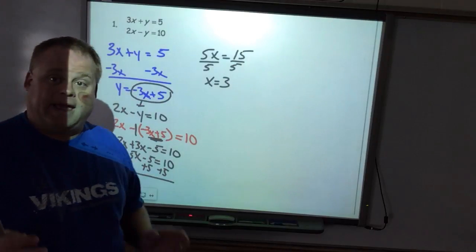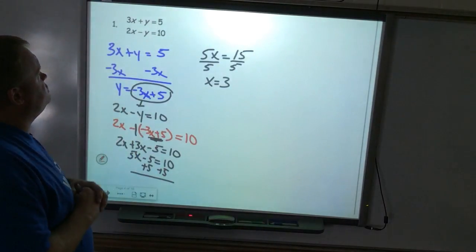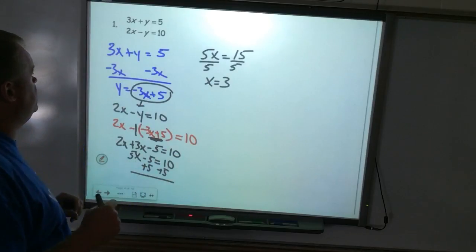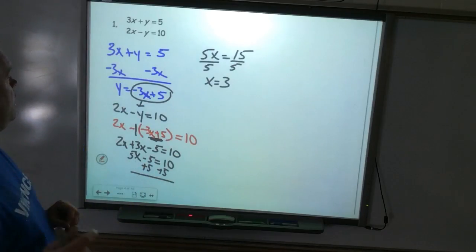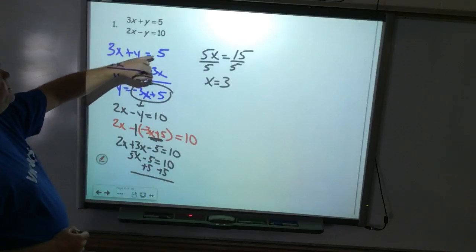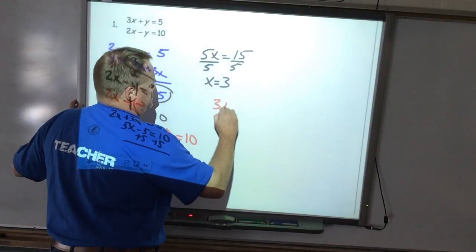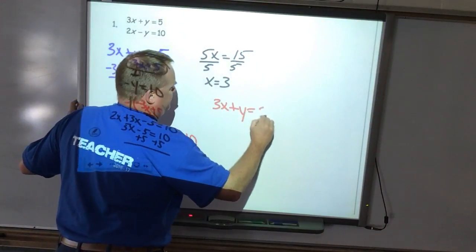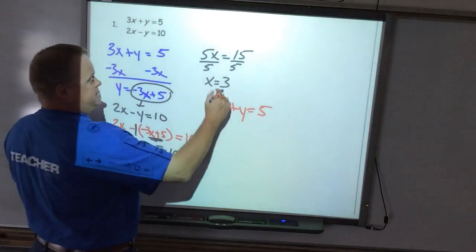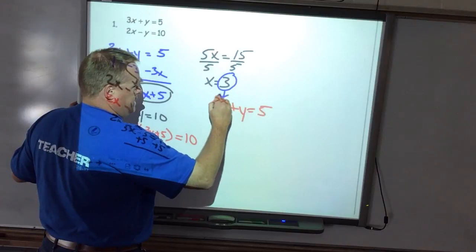Now, I can plug that 3 into either one of the original equations. It does not matter which one, and I can plug it in and solve to get y. So I'm going to do that. I'm going to plug it into the 3x plus y equals 5 one again. So I have 3x plus y equals 5. I'm going to plug this 3 in for this x.